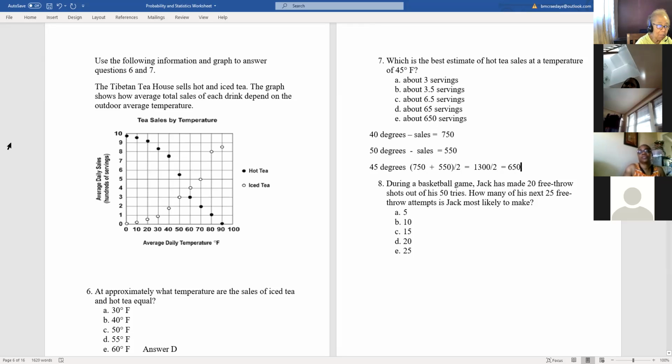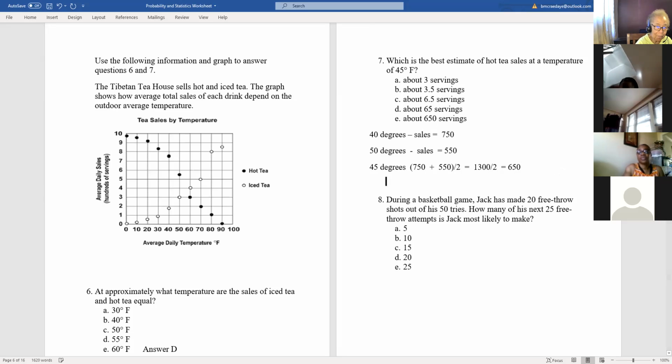You get 6.5, but that's in hundreds. So you'd have to multiply the 6.5 by 100. So what would be the answer? 650. Yes, that's right. Very good.